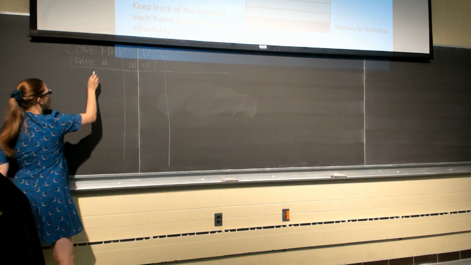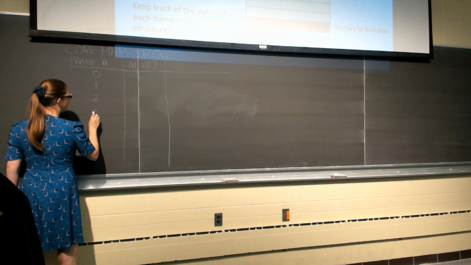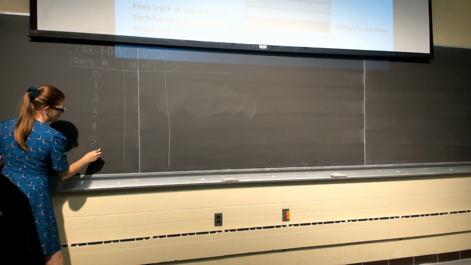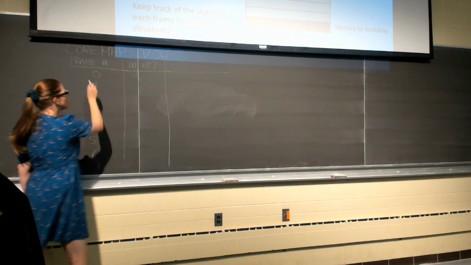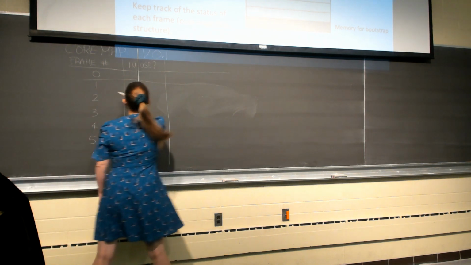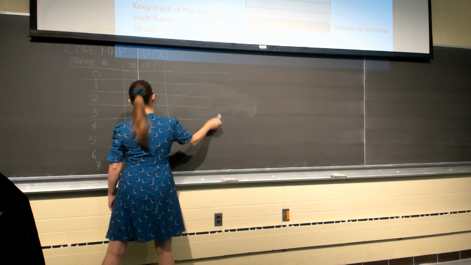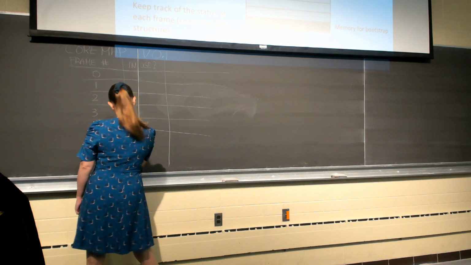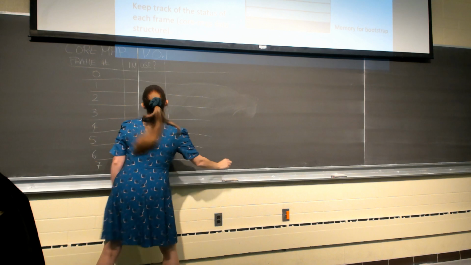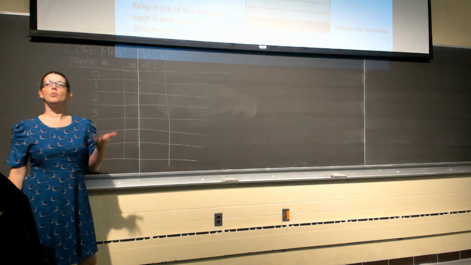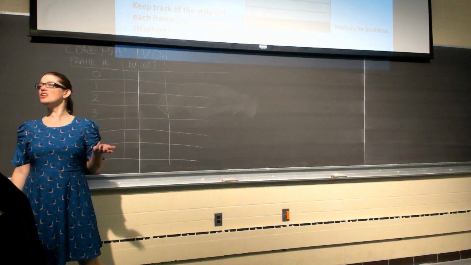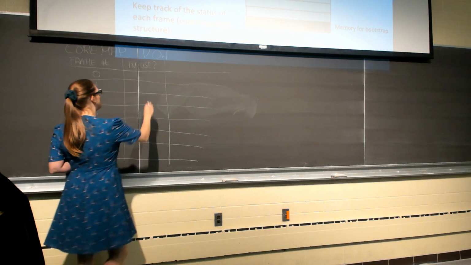So I've got frame 1, 2, 3, 4, and so on and so forth. And then if it's in use, we'll set it to be 1, and if it's not in use, we'll set that entry to be 0.